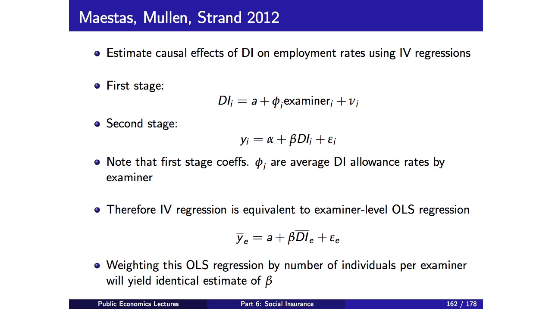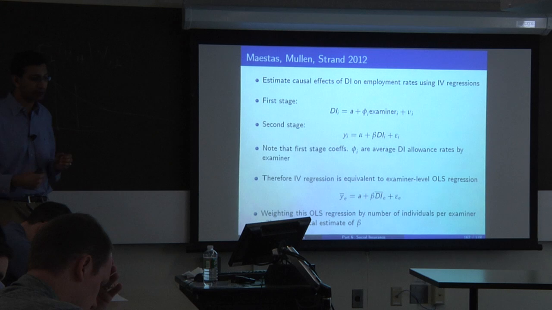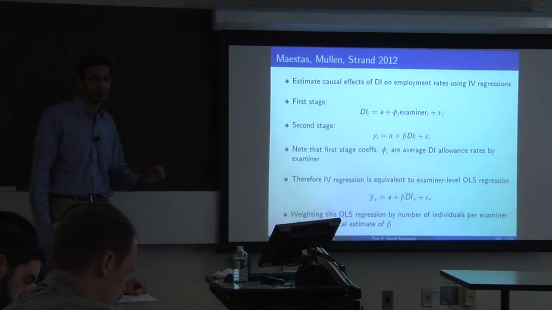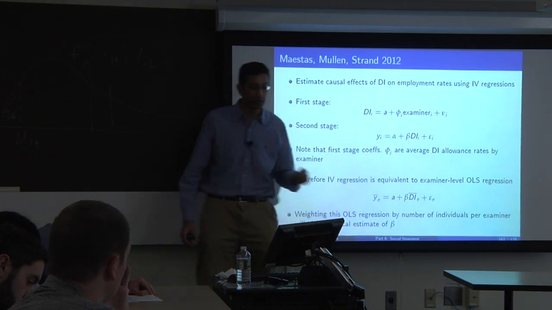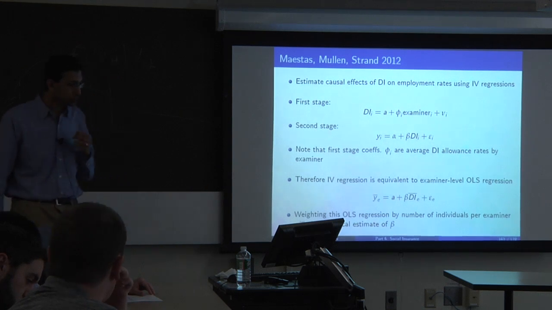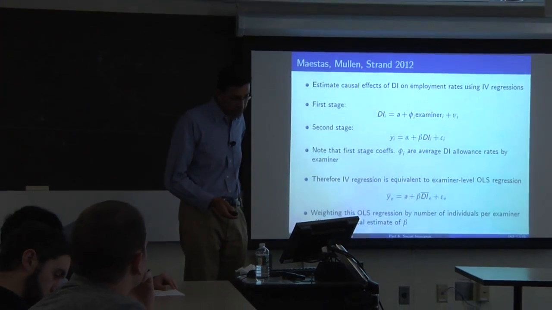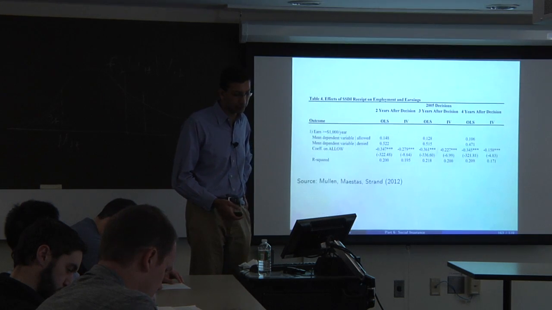I can get this coefficient beta if I just run this OLS regression, where the left-hand side is mean employment rates for each examiner regressed on mean DI allowance rates for each examiner. And if you weight that regression by the number of individuals that each examiner has, then you're going to literally recover the coefficient that you got here. Okay, so you can work that out algebraically. That's useful, and that's going to come to the leave-out mean point that we'll talk about in a little bit. So think of this as essentially correlating average DI allowance rates with average employment rates by examiner.